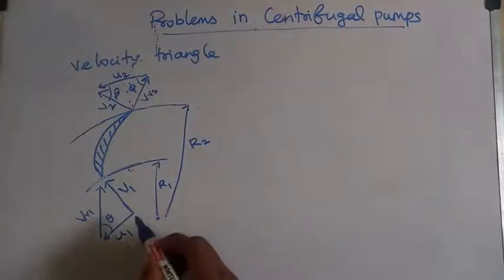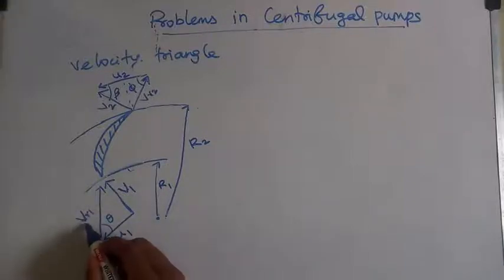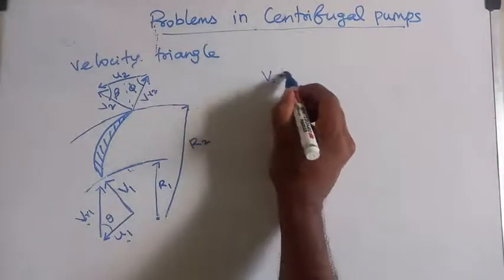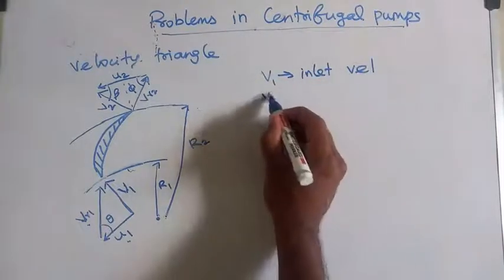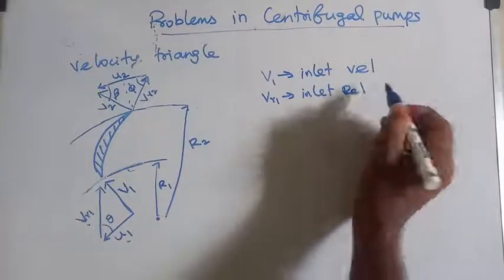In a centrifugal pump, V1 is the inlet velocity. VR1 is the inlet relative velocity. U1 is the wheel speed at inlet.